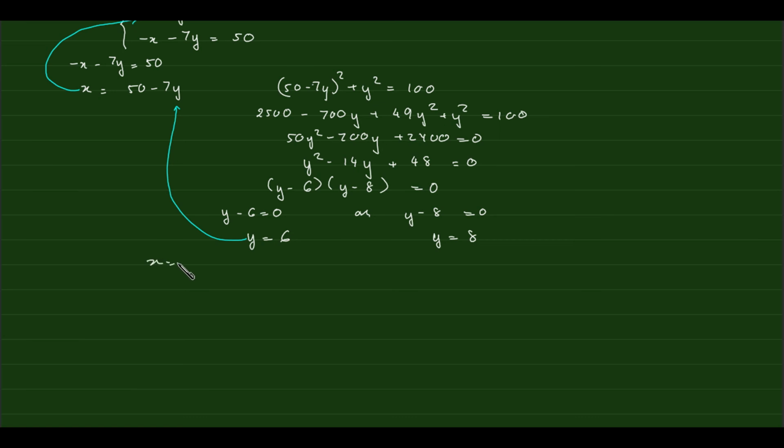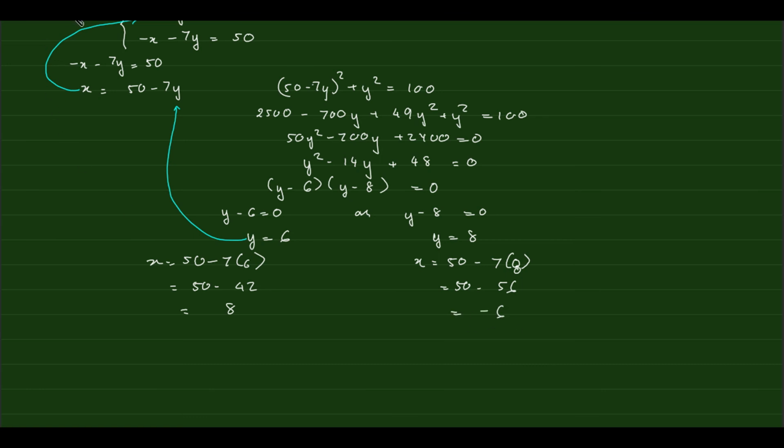So you have x equal 50 minus 7 times 6, which is 50 minus 42, which is 8. 50 minus 7 times 8, which is 50 minus 56, would be negative 6.